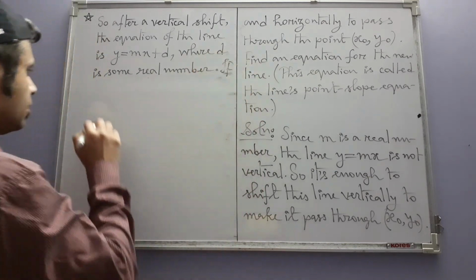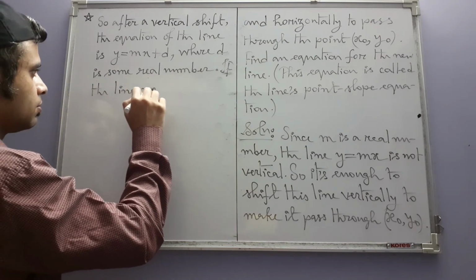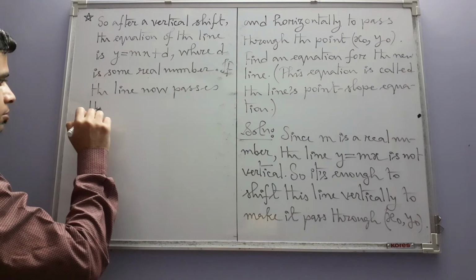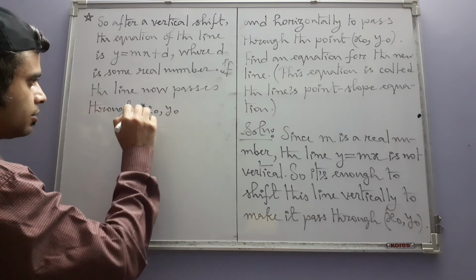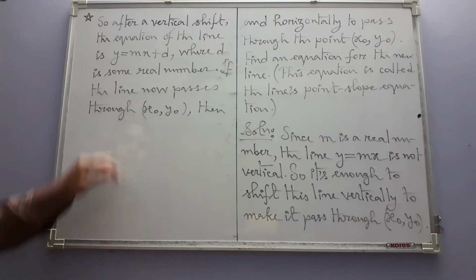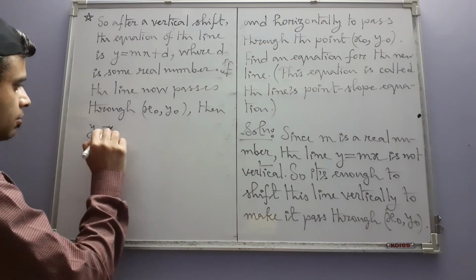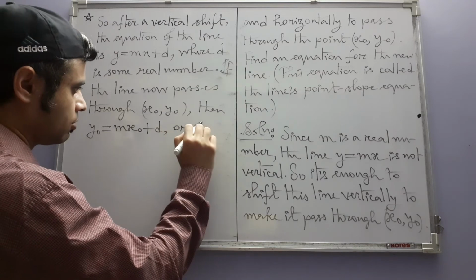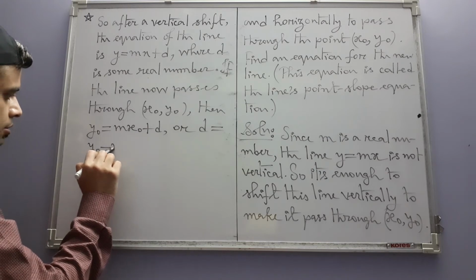If the line now passes through this point, then of course these coordinates will satisfy this equation. y naught is equal to m x naught plus d, or d is equal to y naught minus m x naught.